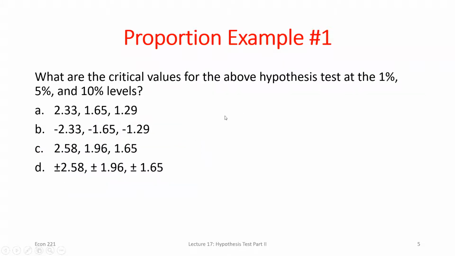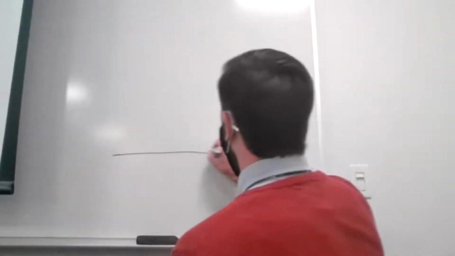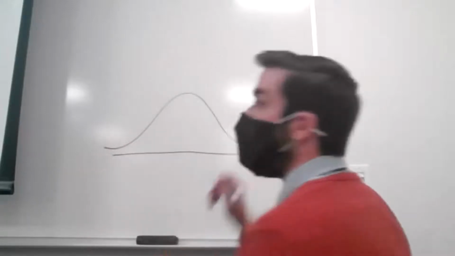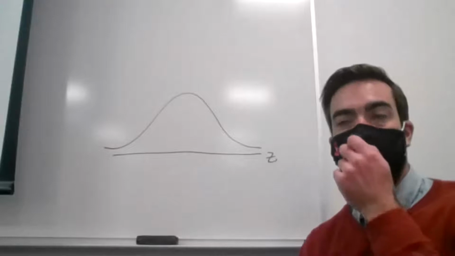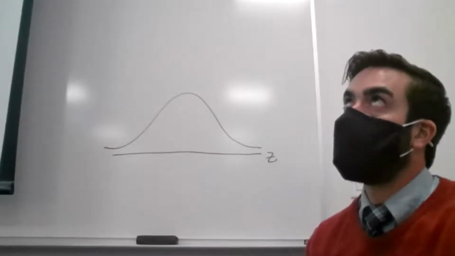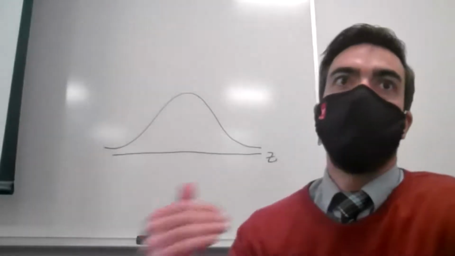Okay. So what would my critical values be at the 1, 5, and 10% level? So if I first want to do the critical value approach, if I'm looking up critical values, those are the z values such that if the test statistic in absolute value is larger than those critical values, then I'm going to be rejecting, right?